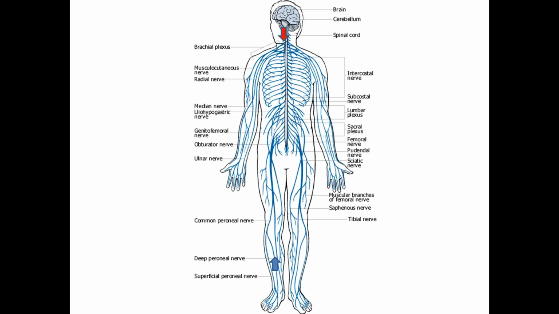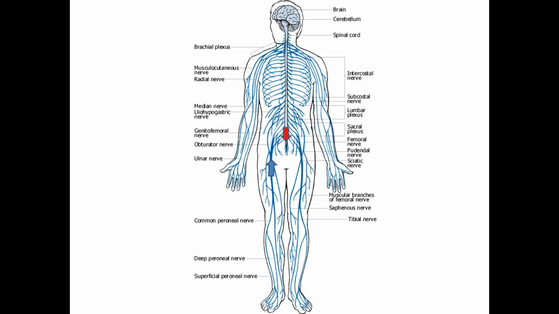So, for instance, a sensation felt in the leg of this person is passed up through the nervous system to the brain, and a reaction, if needed, is passed from the brain out to the nervous system. So this is a simple representation of what's going on every second of every day in your body. This communication of information between the nerves and the brain and the spinal cord.